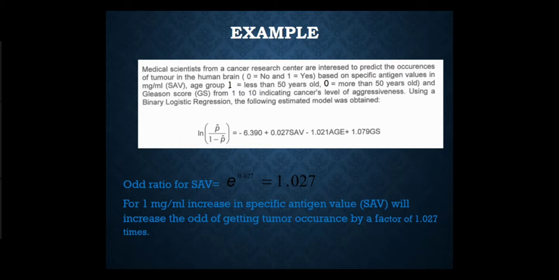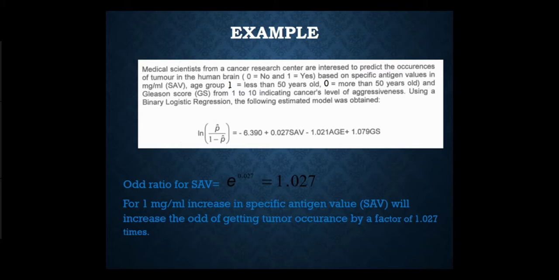Okay, medical scientists from a cancer research center are interested to predict the occurrence of tumor in the human brain. Okay, 0 and 1. 0 for no occurrence of tumor, 1 is occurrence of the tumor.